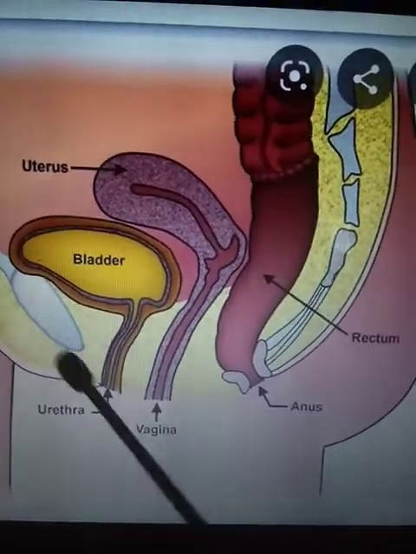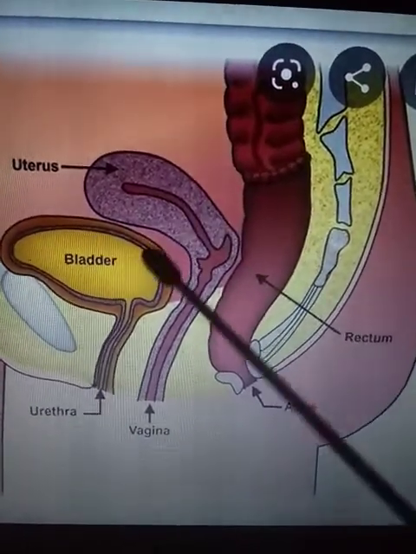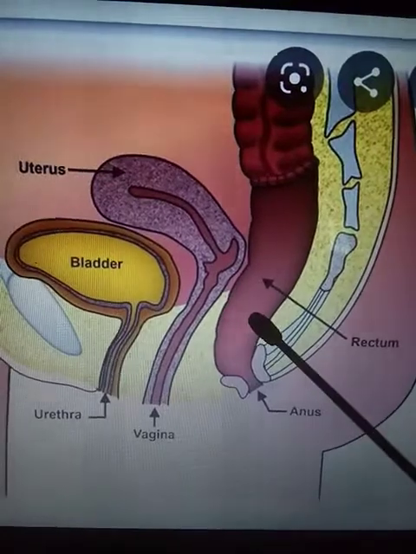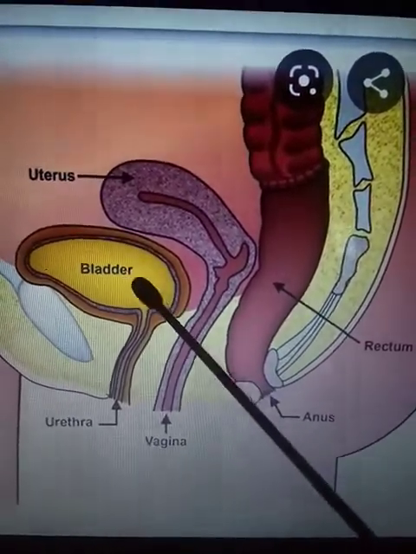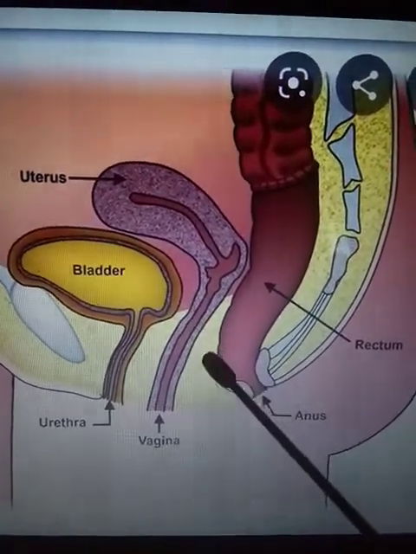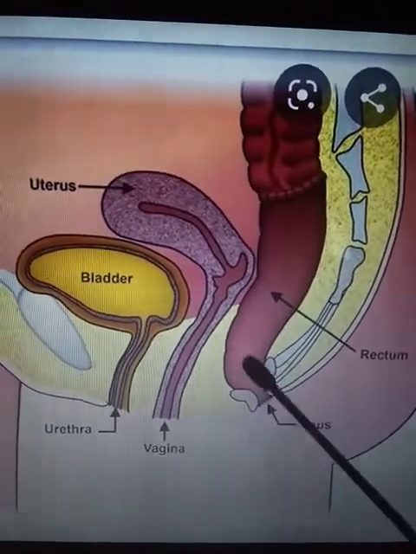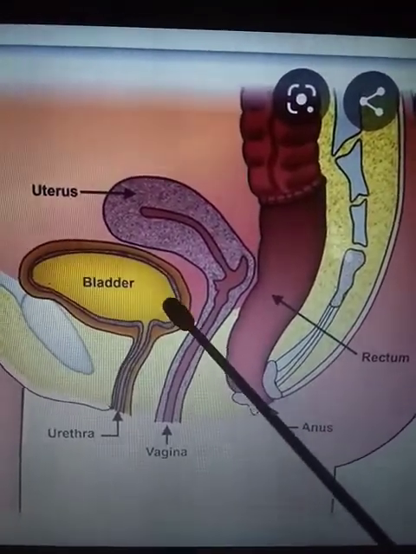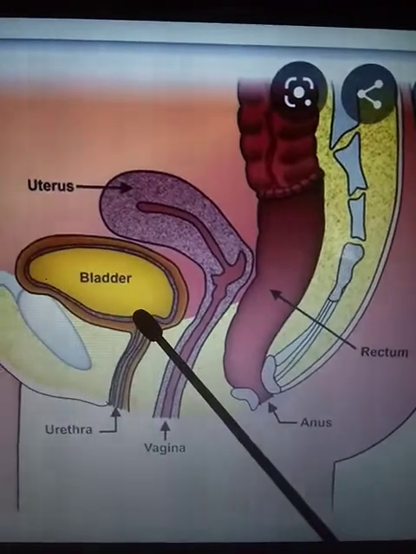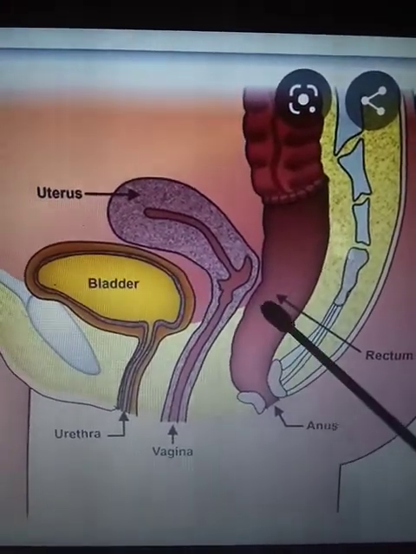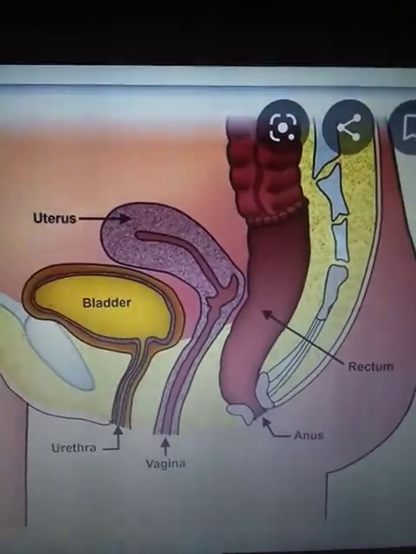If it would have been a male, यहाँ पे मेल अगर होता तो यूट्रस will be absent. Then you have rectovesical, vesical means bladder, rectovesical pouch. और ये जो लोअर 1/3 ऑफ द रेक्टम है, it would have been present below the rectovesical pouch in case of males and rectouterine pouch in case of females.